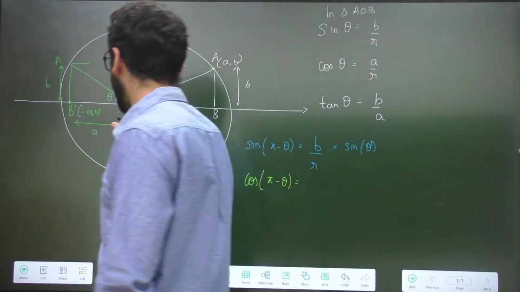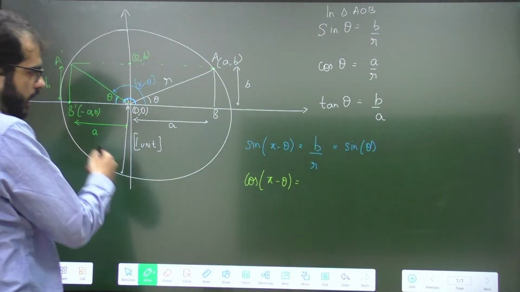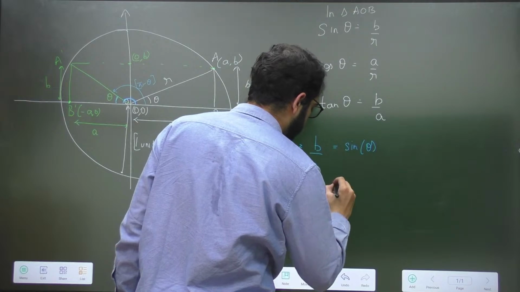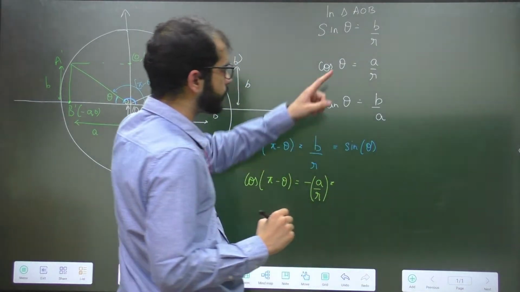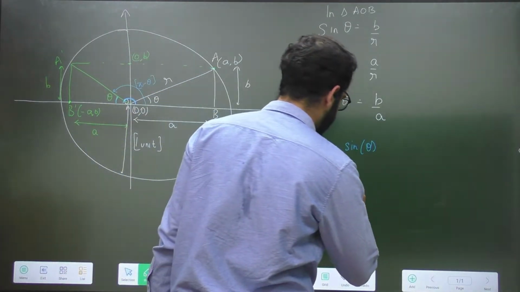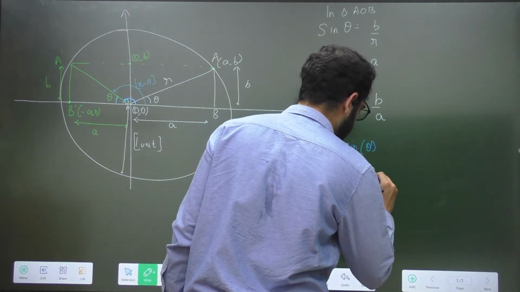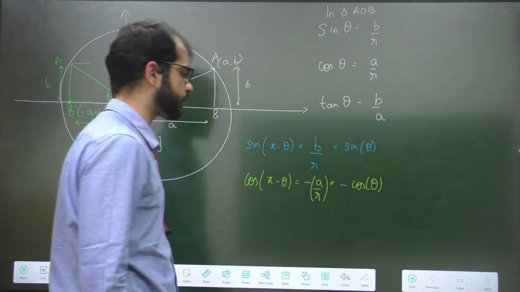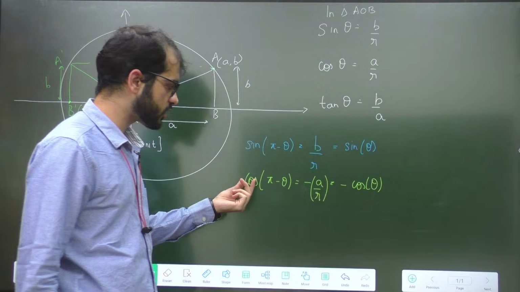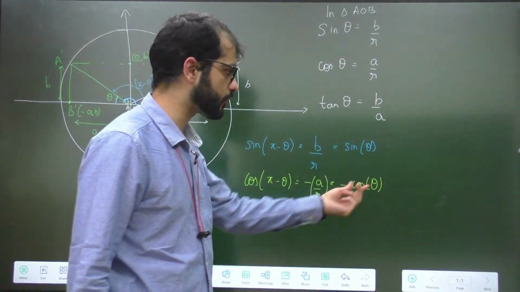So the horizontal component is minus a upon r. So this time I am going to write it as minus a divided by r. And as we saw in the previous case, a upon r is cos theta. So cos pi minus theta will be written as minus cos theta. Now let's observe. Sine of pi minus theta was sine theta. Cos of pi minus theta becomes minus of cos theta.